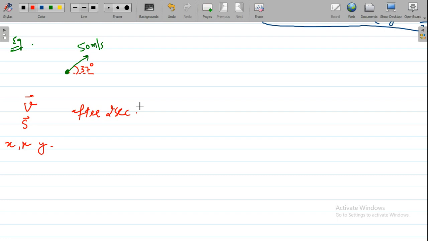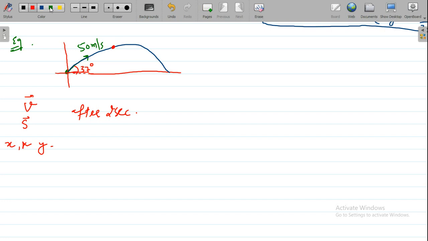This is the starting point. So the path of the body will be like this. Suppose after 2 seconds the object is here.